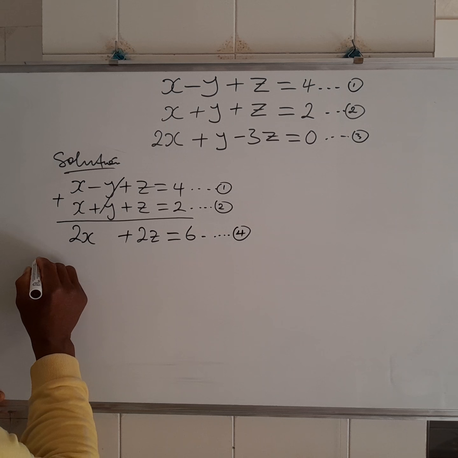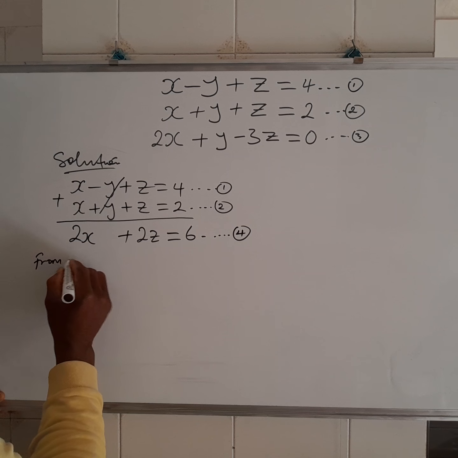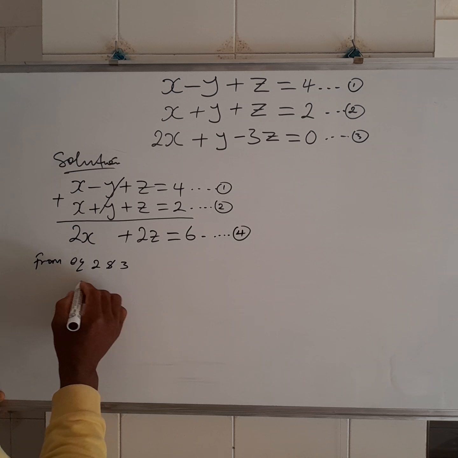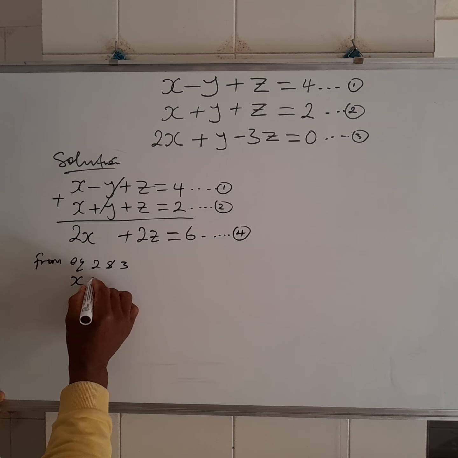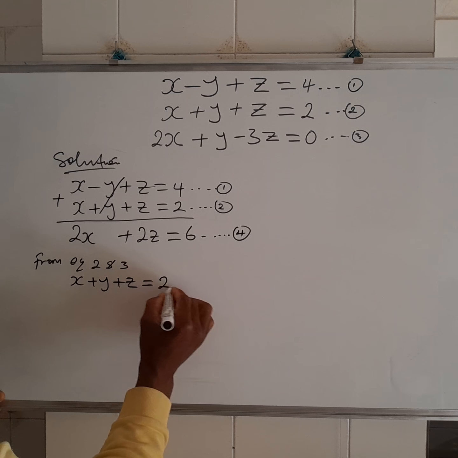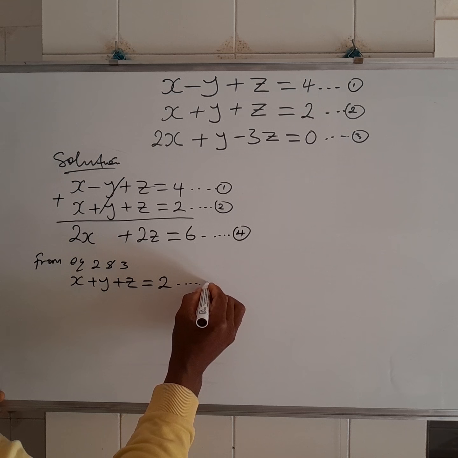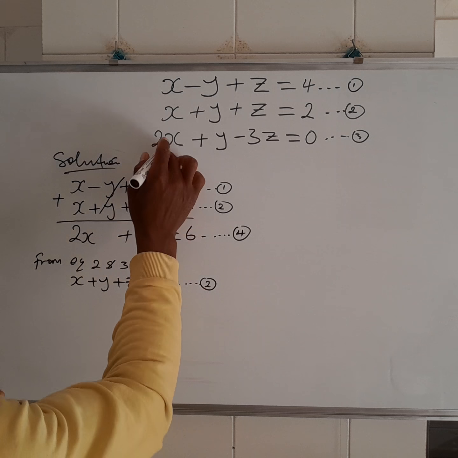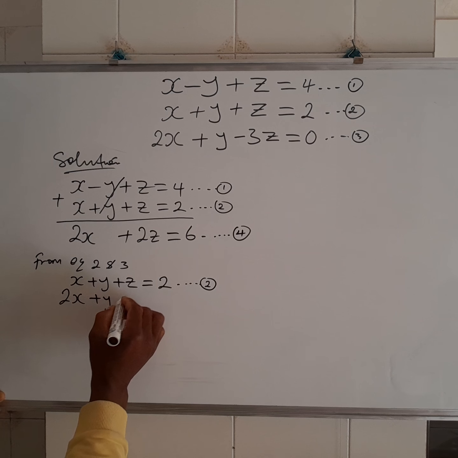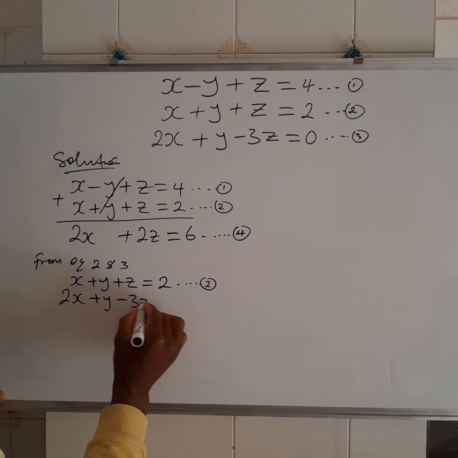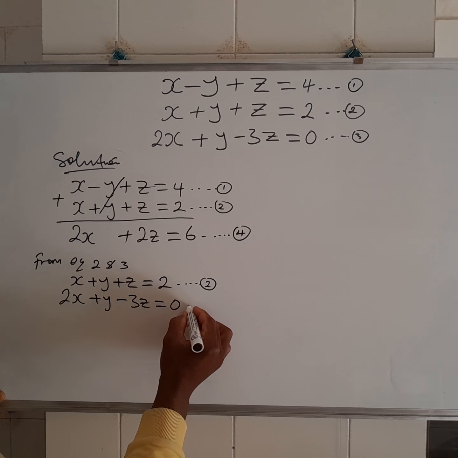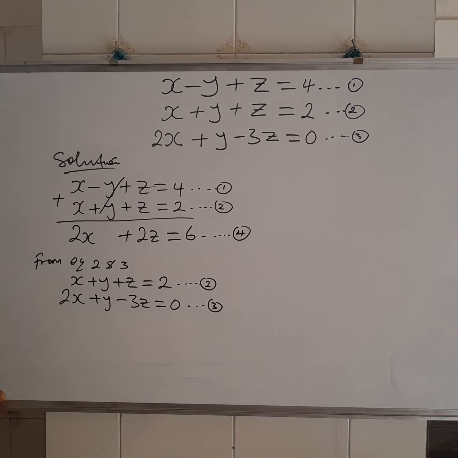So we say, from equations 2 and 3, we have x plus y plus z equals 2. Remember this is your original equation 2. Then 2x plus y minus 3z equals 0. This is your equation 3.